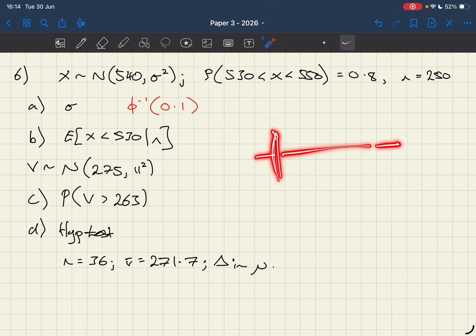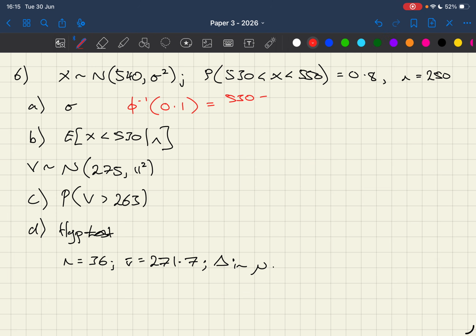So we want to find this number using the 530. That should equal 530 minus mu of 540, over sigma. So sigma is going to be minus 10 over whatever we get from the inverse calculator. What number did we get?